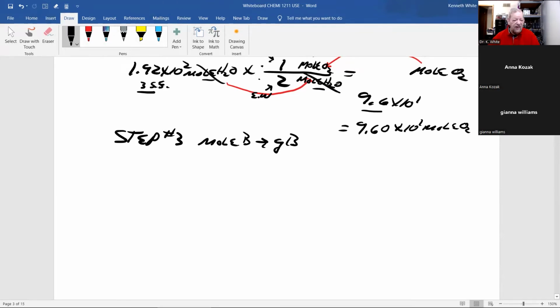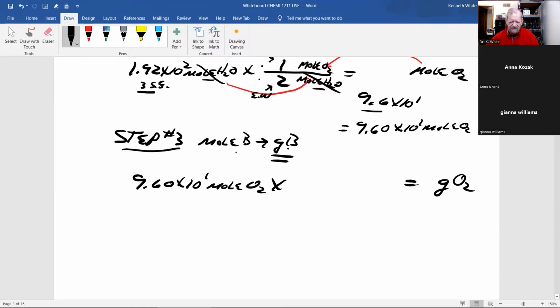So what is step 3? Moles of B to grams of B. What moles? Well, we just figured that out. B is oxygen, what we're trying to get to. And this tells us we want to get to grams of oxygen.